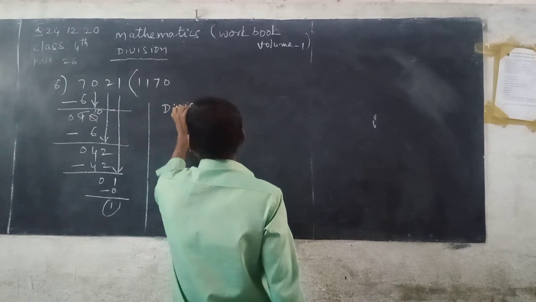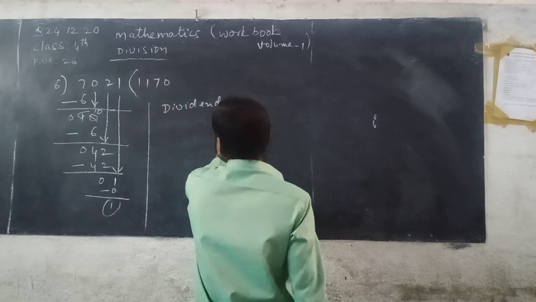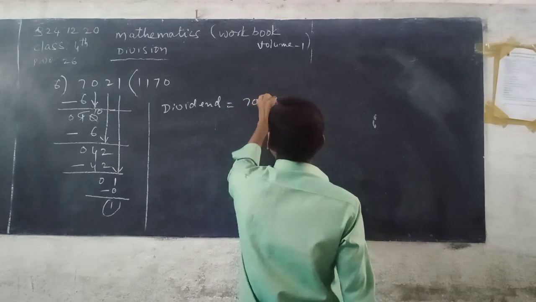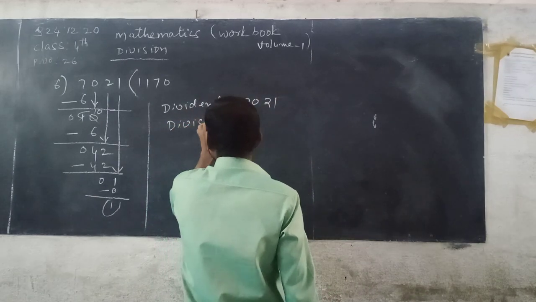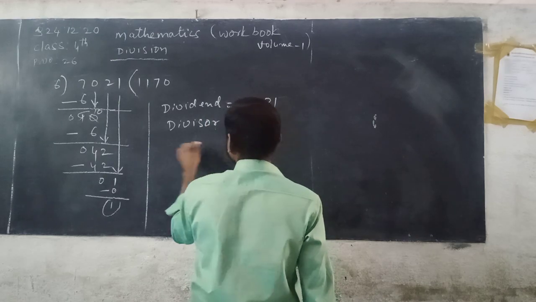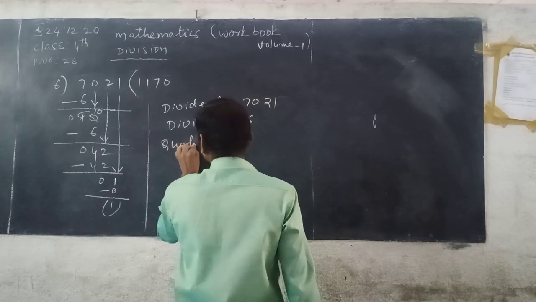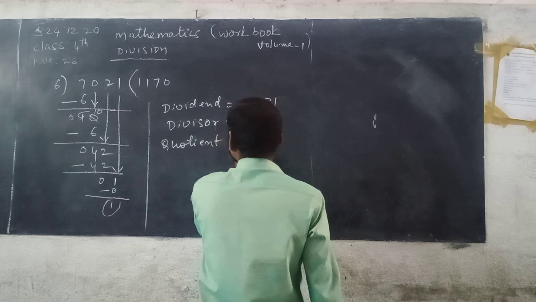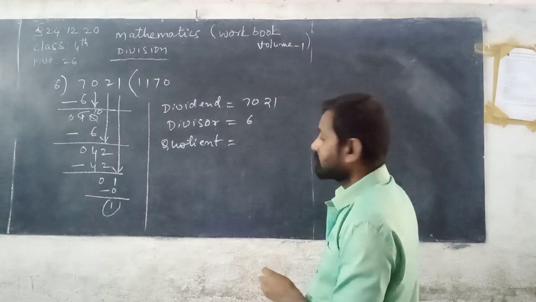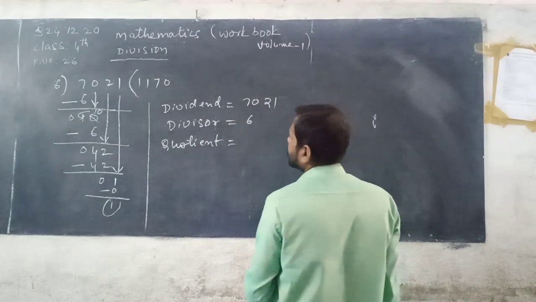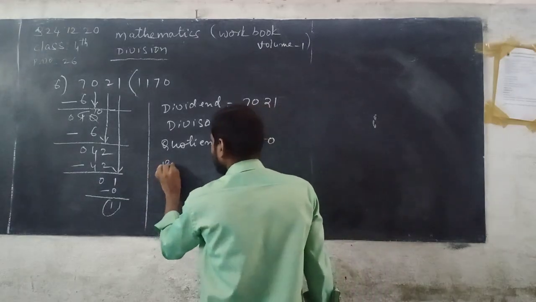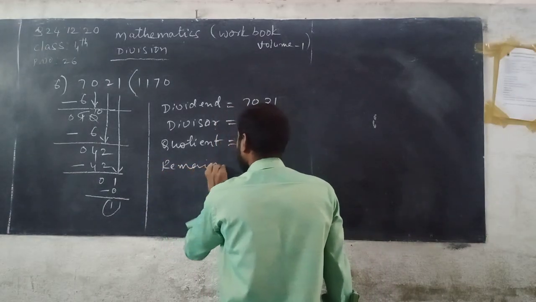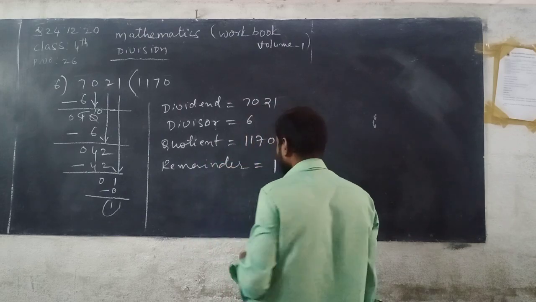Dividend is equal to 7021, divisor is equal to 6, quotient is equal to 1170. Remainder is equal to 1.